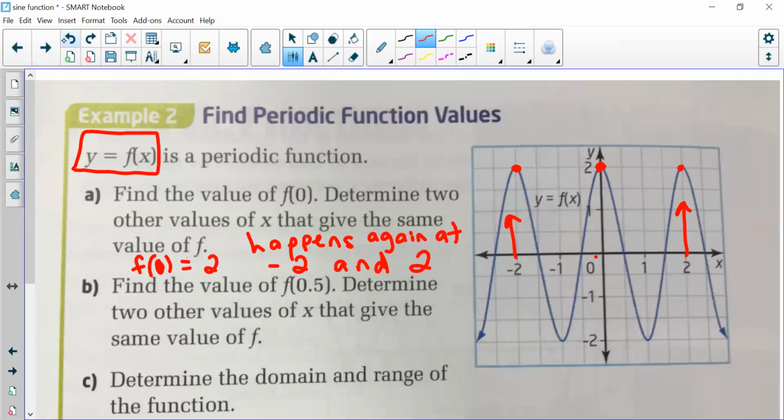Okay. Now they're asking you to figure out the value when x is 0.5. So let's look on our graph. Where's 0.5? And what's the y value at 0.5? What's the y value at 0.5, guys? 0, good. What other two x values would give you the same value? You actually have a lot to choose from. I have this one, this one, this one, this one. Madeline, so what are you seeing?